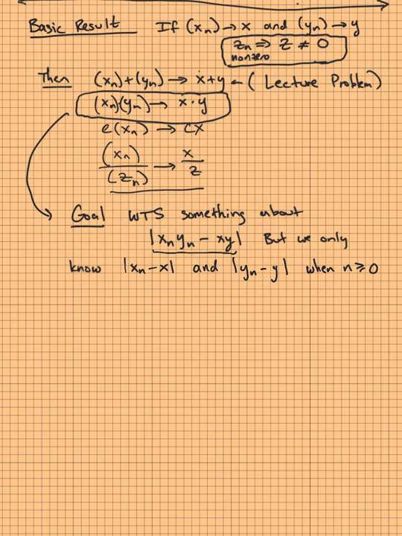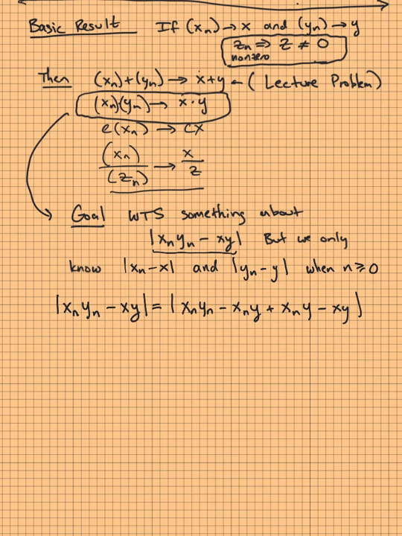So this is a jazzed up version of that. Notice that xn yn minus xy is also xn yn minus xn y plus xn y minus xy.